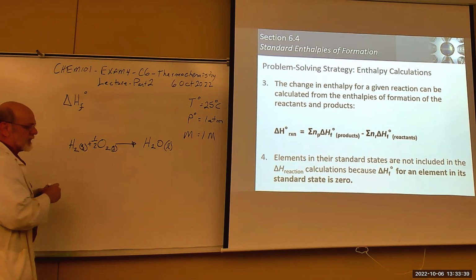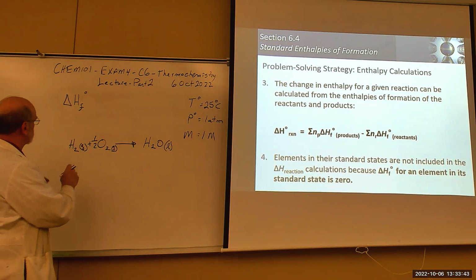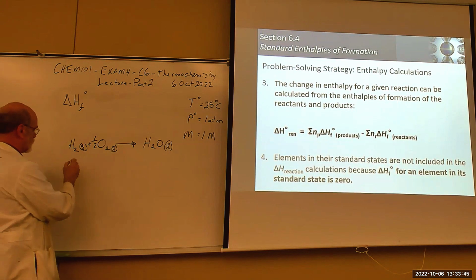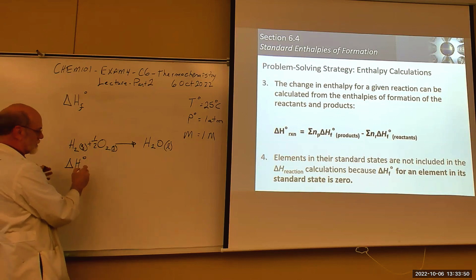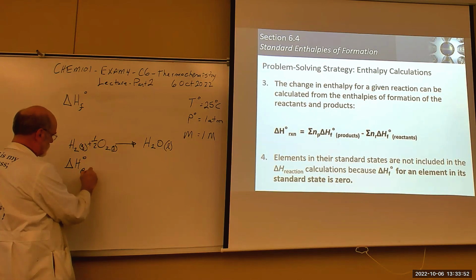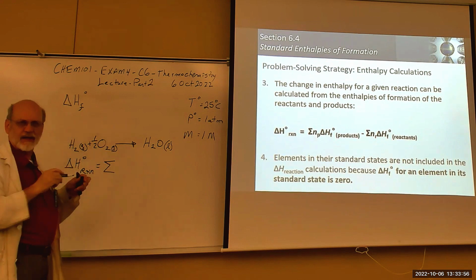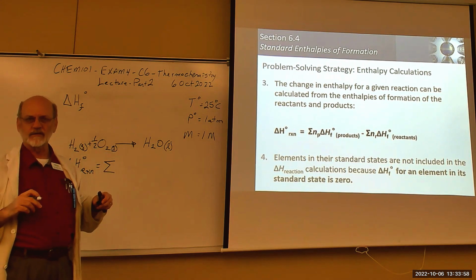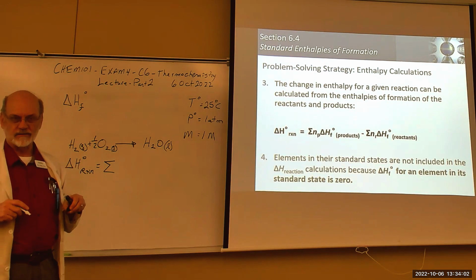Okay, so Professor Dave's little talk produced an equation. Delta H for the reaction is equal to sigma. Does anybody know what a sigma means? It's a term that we use for summation.